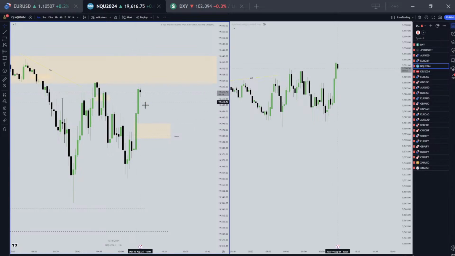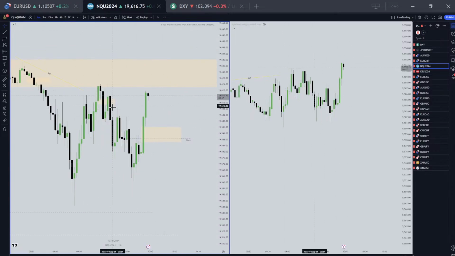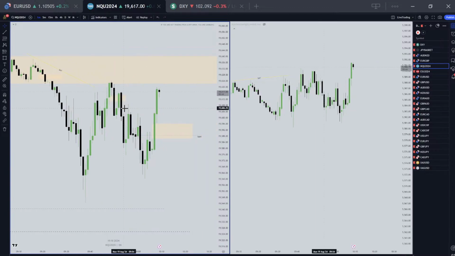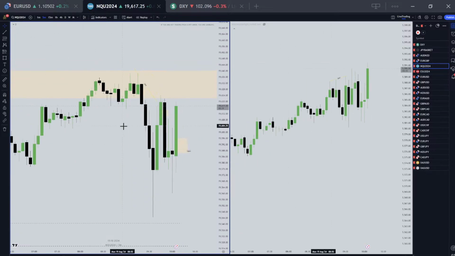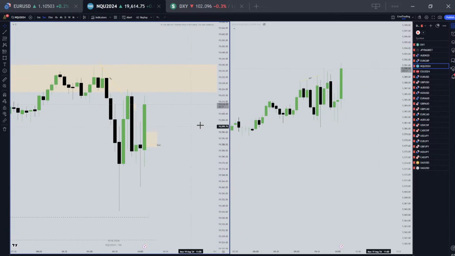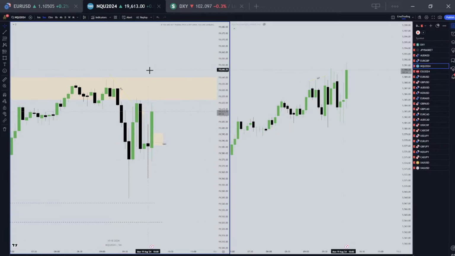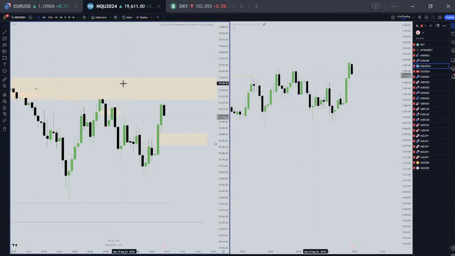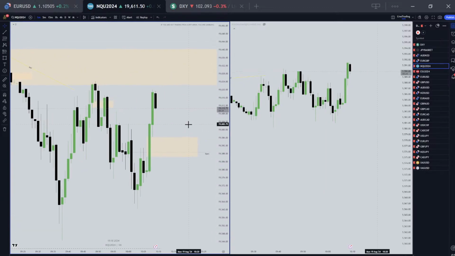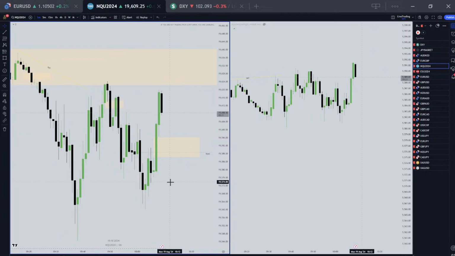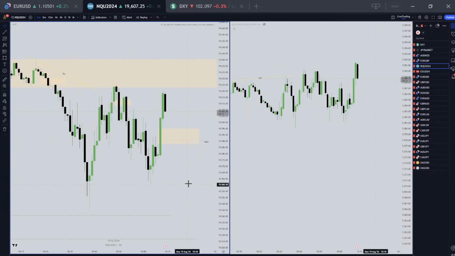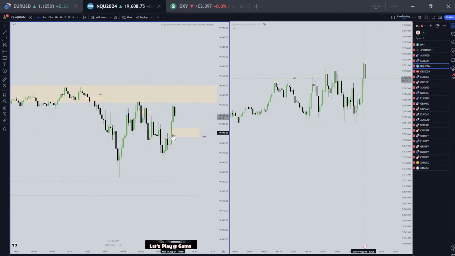Well, not lower, but higher. Or just going to chill in a little seek and destroy here. Let's see, let's see. Another S&D there. Yeah, this is just not very, very pretty.